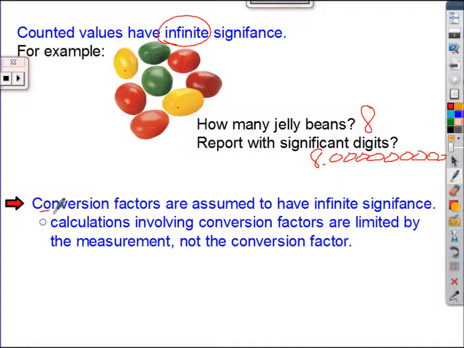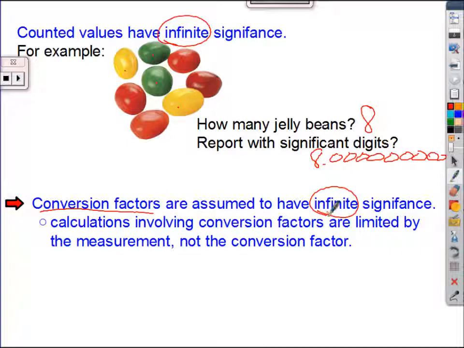Also, conversion factors are assumed to have infinite significance. Again, this becomes very important when I'm doing my calculations. If I am trying to convert from centimeters to inches, that 2.54 is infinitely significant. So if I know it to 4 significant digits, I'm going to continue using the 4 from my measured value, not my conversion factor.